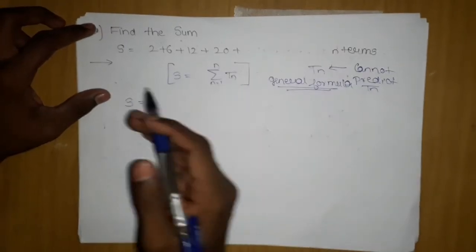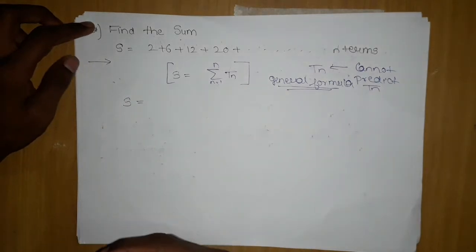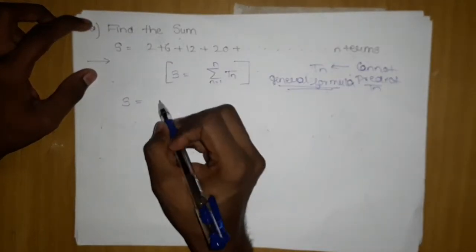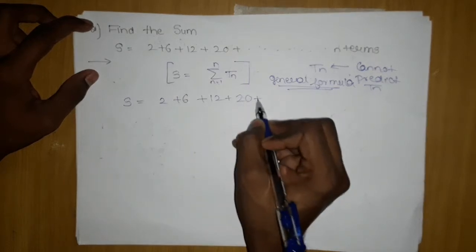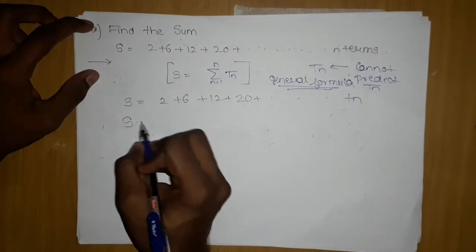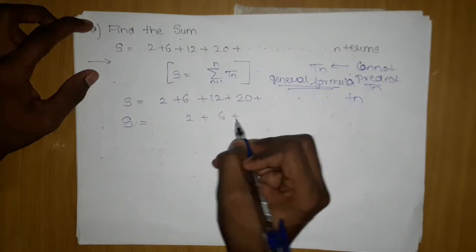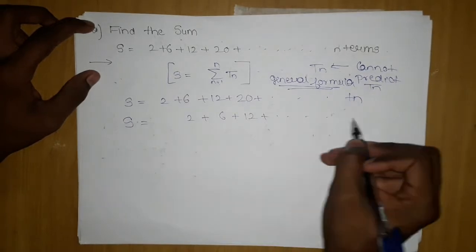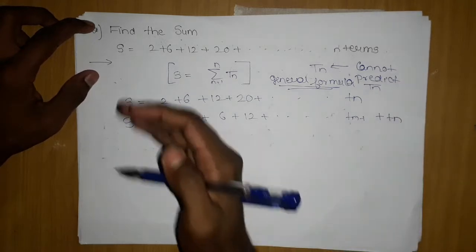Now what are the steps? I told you this difference method is similar to AGP. First write down what is given, S equals 2 plus 6 plus 12 and so on up to Tn. Now write it again, but shifted by one term: 2, 6, 12 and so on, so here it will be Tn minus 1 and here will be Tn. Now subtract them.